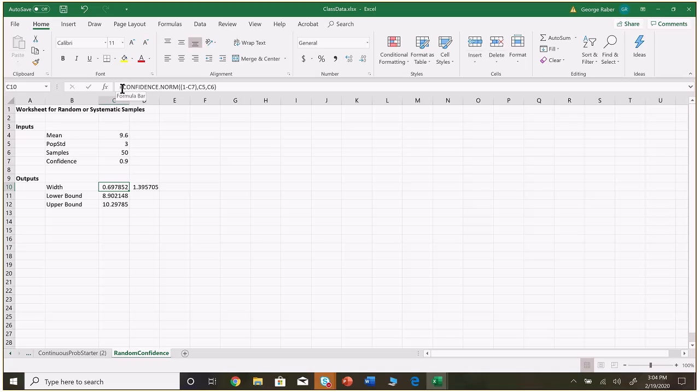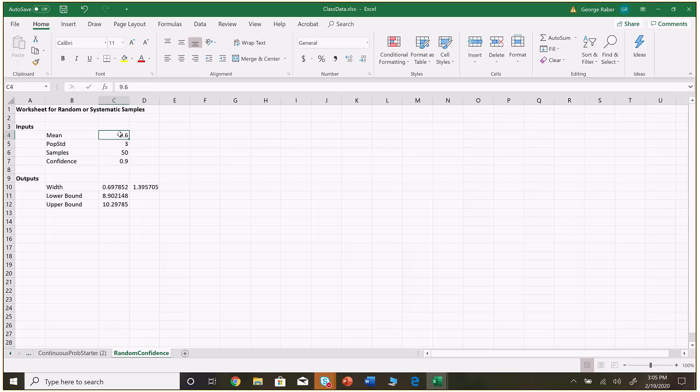But the secret is this. The formula uses this confidence dot norm. Okay. So what I put in here is the mean. The mean is 9.6 in this example. That's over on page 122. I got that from there. So it's the journey to work example.